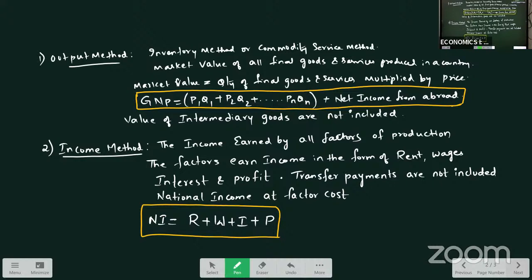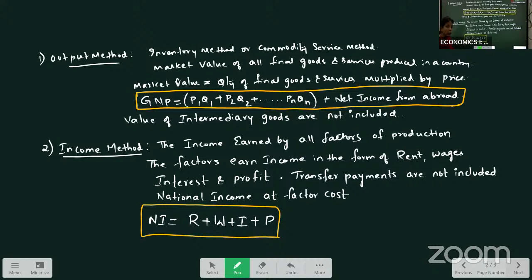How we get the national income value? GNP is equals to price into quantity. When we calculate the quantity, how much quantity produced by a firm into price, if we do, we get the market value. Like that, in a country, there are n number of firms, n number of products they are producing. So for all these, how much quantity into price, we get market value plus net income from abroad.